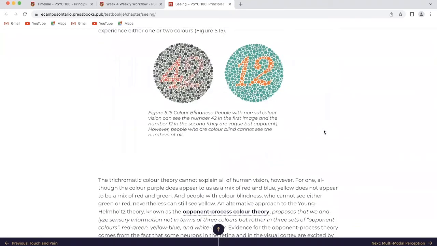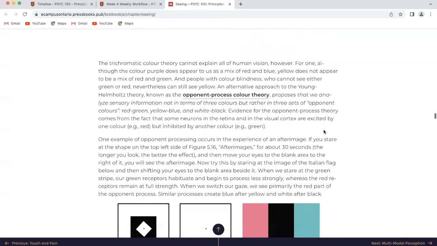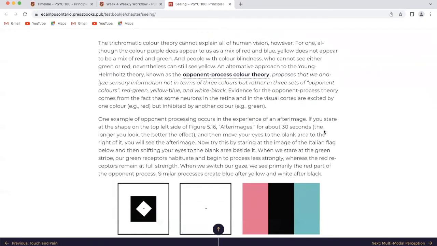The trichromatic color theory cannot explain all of human vision. For one, although the color purple does appear to us as a mix of red and blue, yellow does not appear to be a mix of red and green. And people with color blindness who cannot see either green or red can still see yellow.